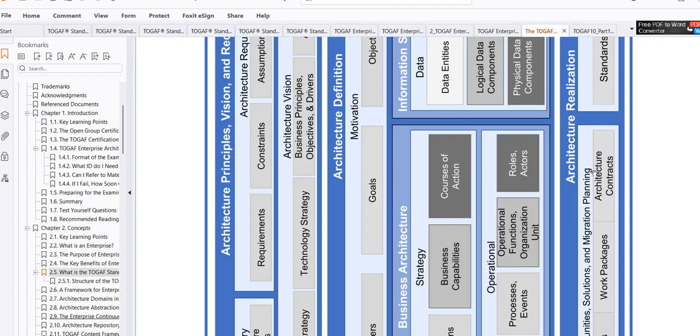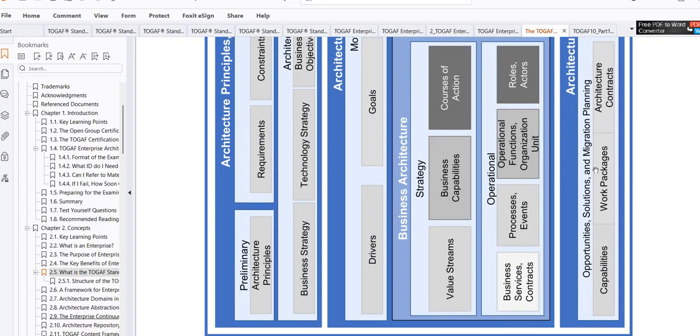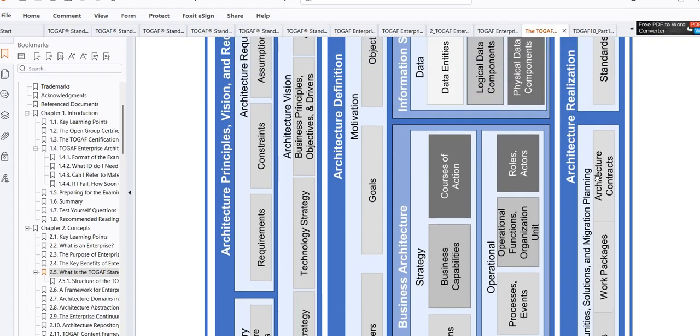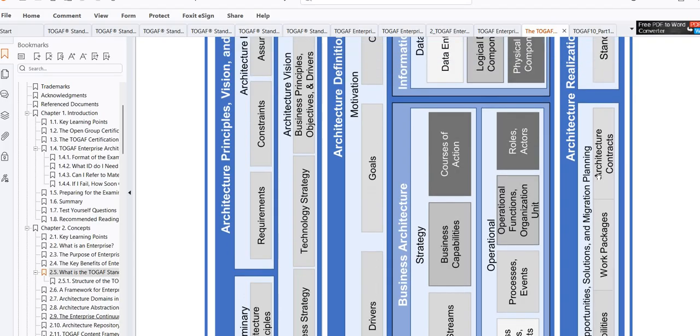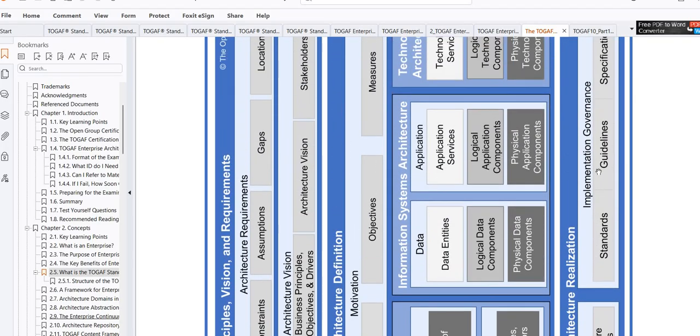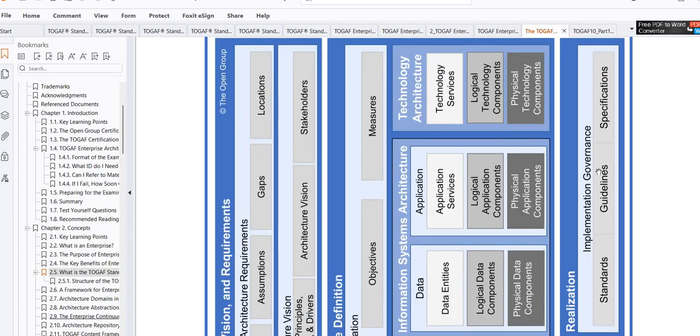Now in the last architecture realization, you will come to phase E, the opportunity solution, and migration planning and work packages will happen. Then you can see implementation governance phase G, and then the standard guidelines specification.